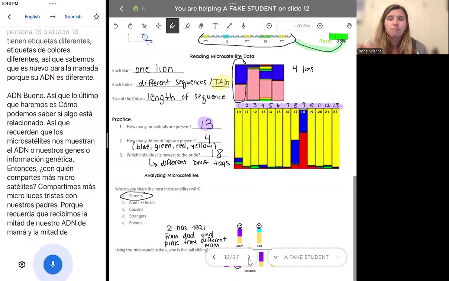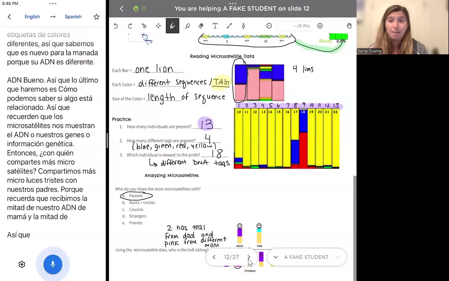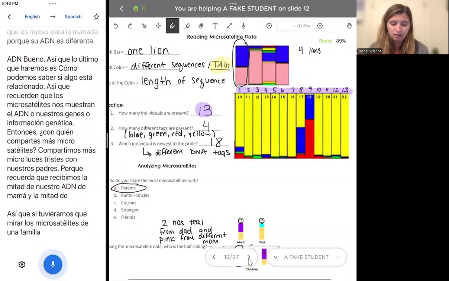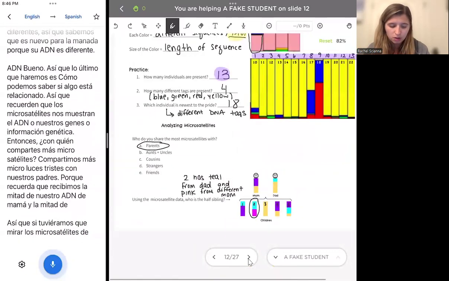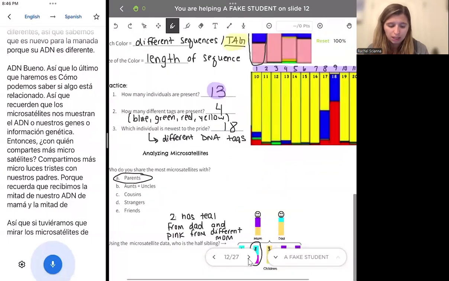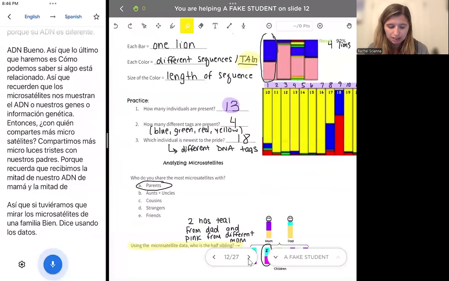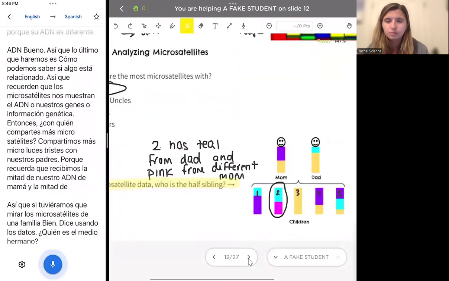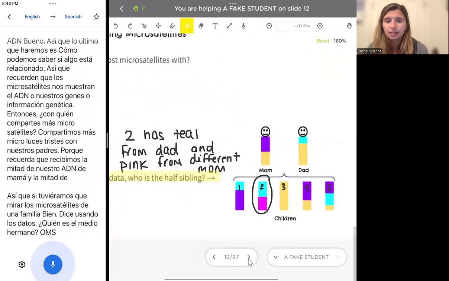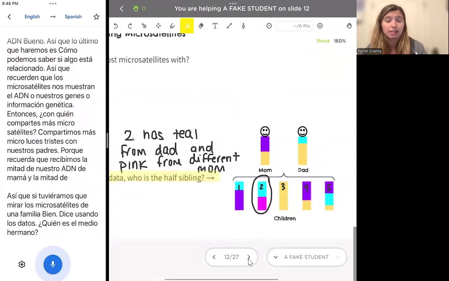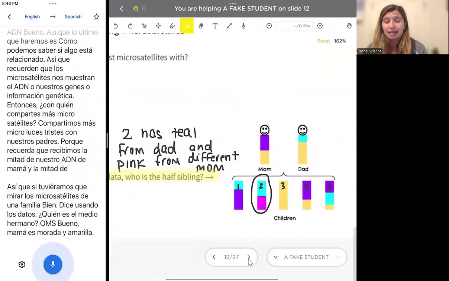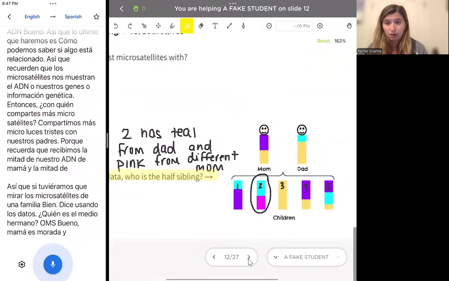So if we were to look at microsatellites of a family, it says, using the data, who is the half sibling? Well, mom is purple and yellow. Dad is teal and yellow.